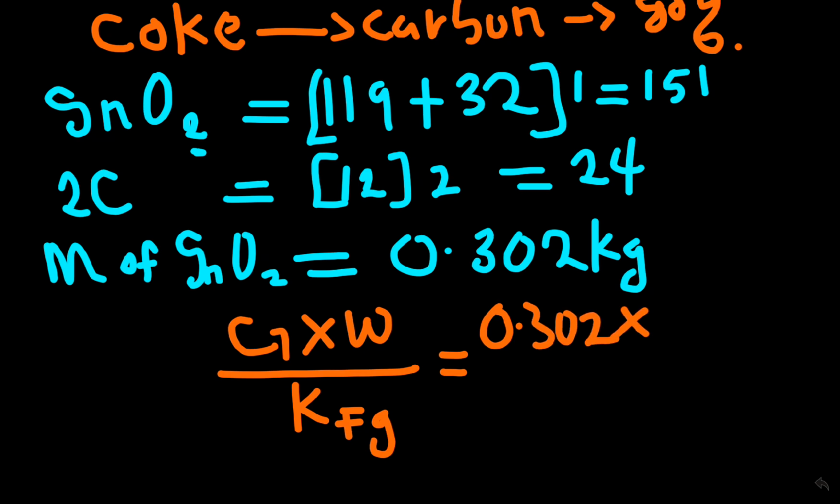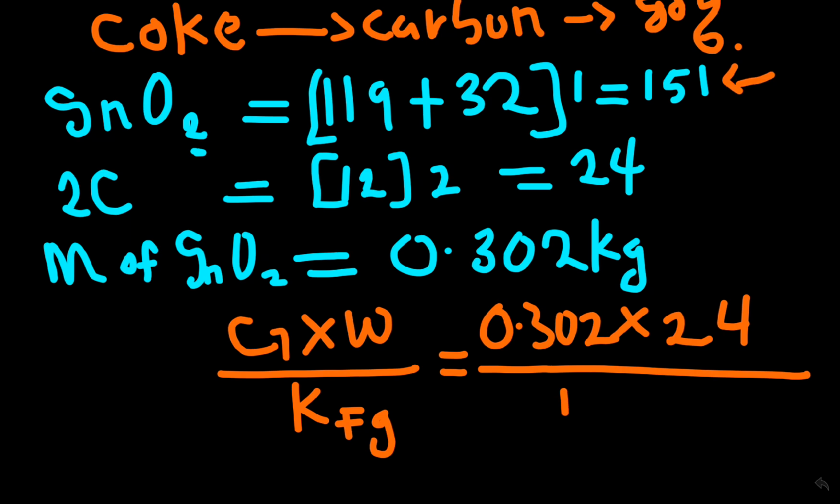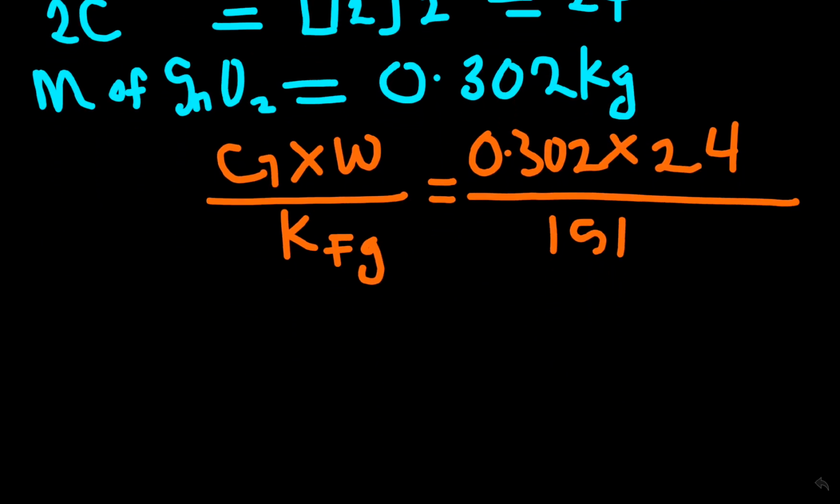What we want is our carbon, so we'll say 24, over what do we know from what is given. What we know from the mass of tin oxide given is actually 151, which is this. So we'd say 151.